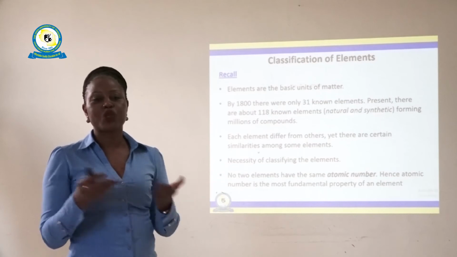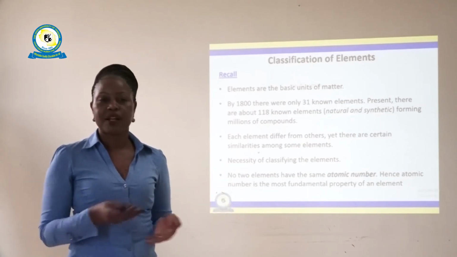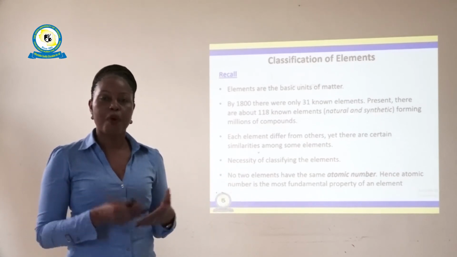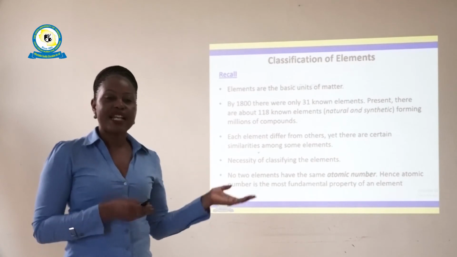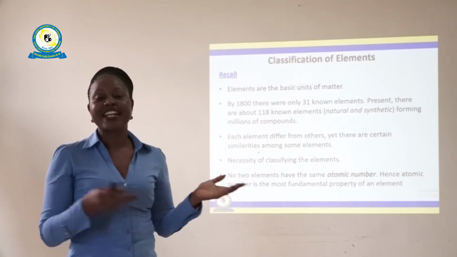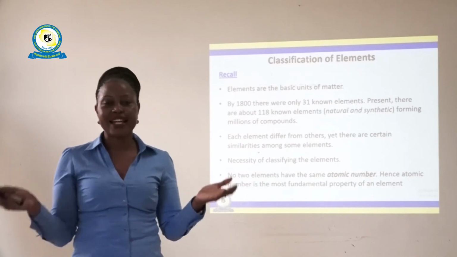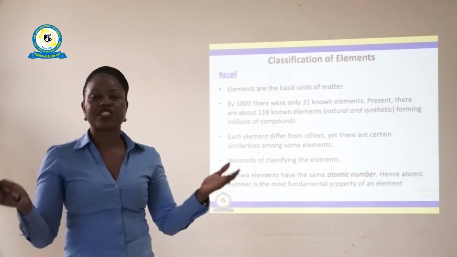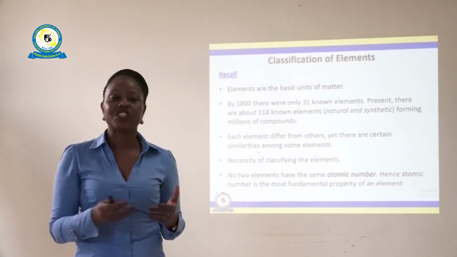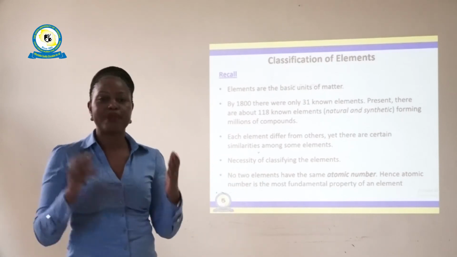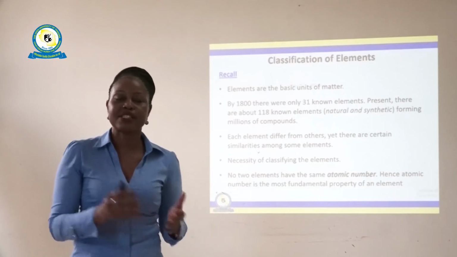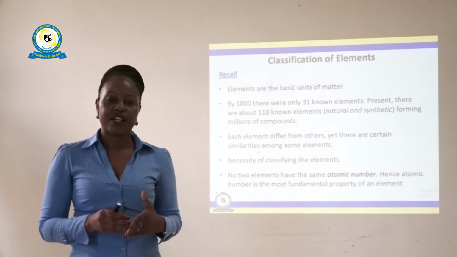Now, these elements, we know they make billions, maybe, of compounds. Each element differs from others, and yet there are certain similarities among the elements. So it was seen that it was necessary to classify these elements based on their similarities and differences.